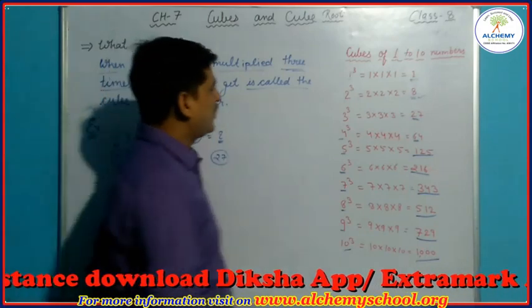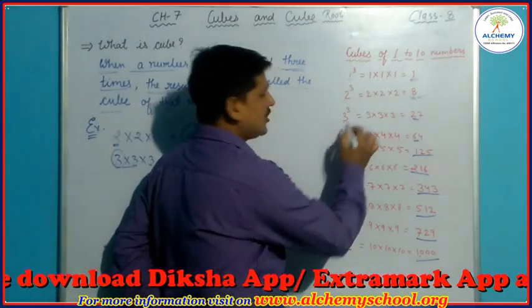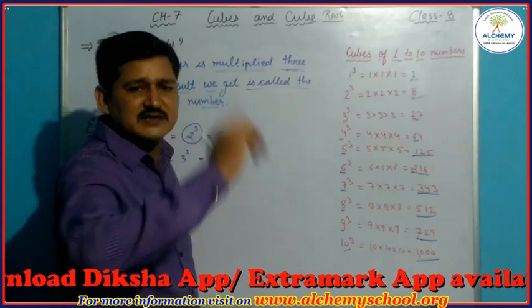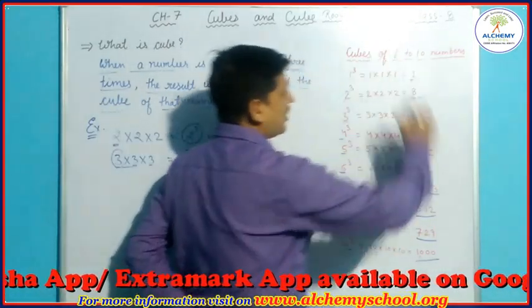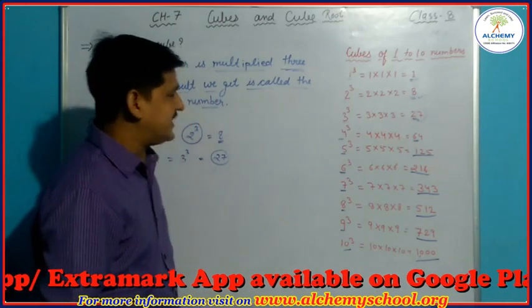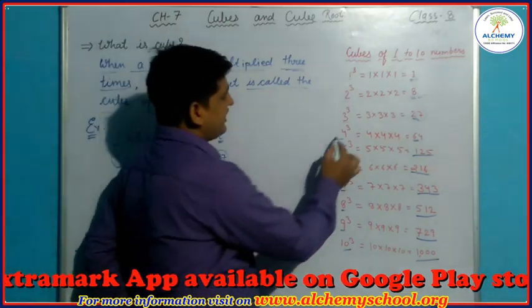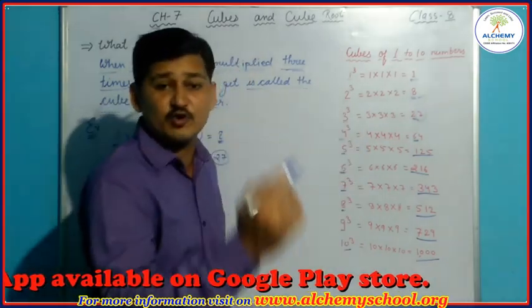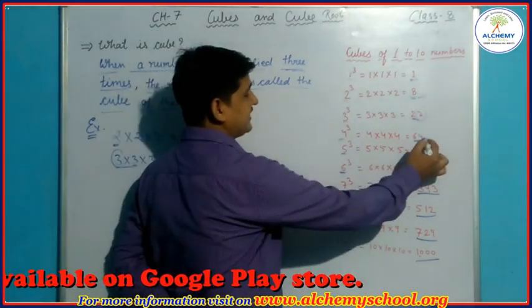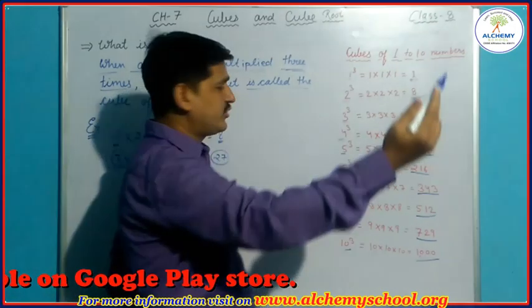The same way, when any number contains 3 on its unit place, the cube of that number contains 7 on its unit place. The same way, when any number contains 4 on its unit place, the cube of that number contains 4 on its unit place.